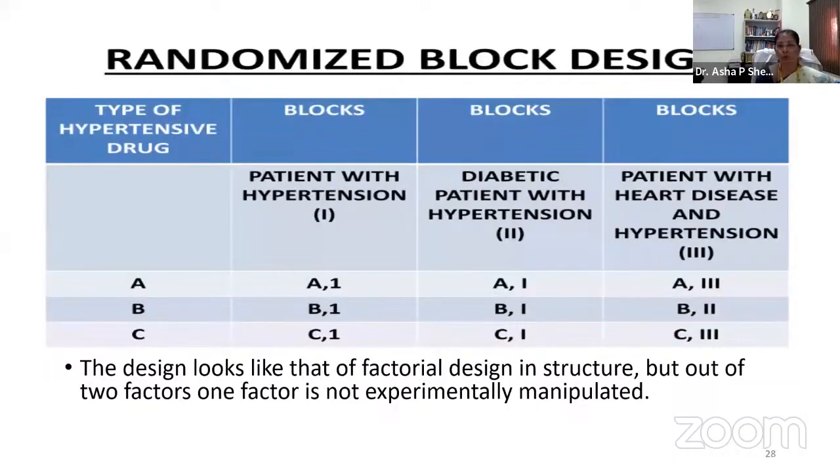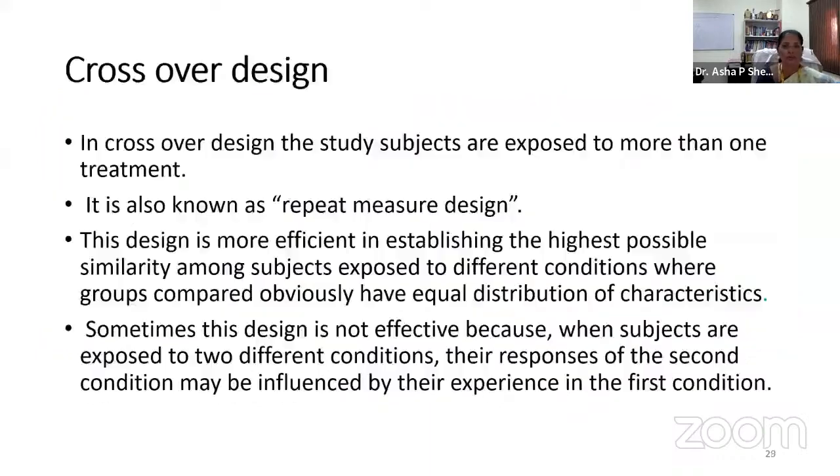Here the blocks are: patients with hypertension, diabetic patients with hypertension, and patients with heart disease and hypertension. So we can see the combination and the blocks that are made, that is a randomized block. The design looks like that of a factorial design in structure, but out of 2 factors, 1 factor is not experimentally manipulated in randomized block design.